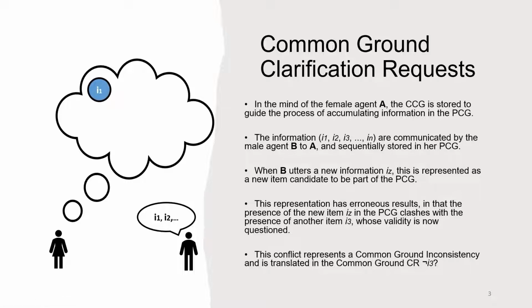And each piece of information can become part of the personal common ground of this agent if, of course, this information also respects the rules of the communal common ground. So if an action is actually possible, like cut the butter, we know that we can do this action.